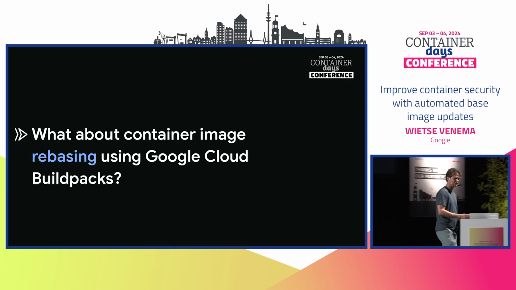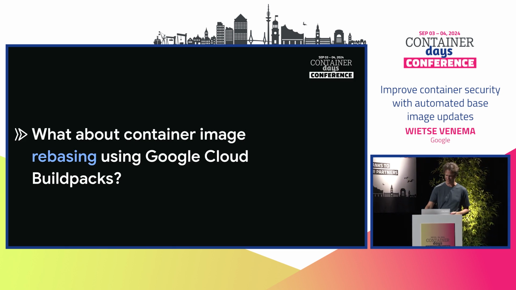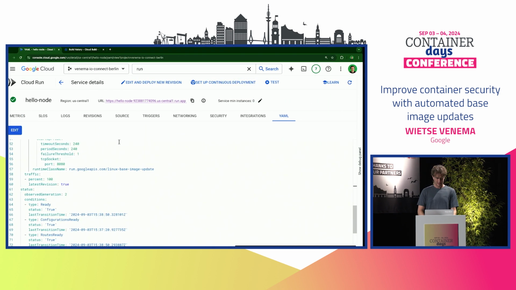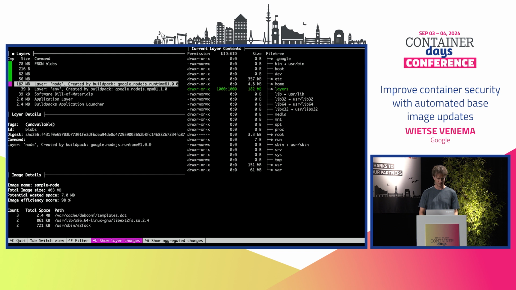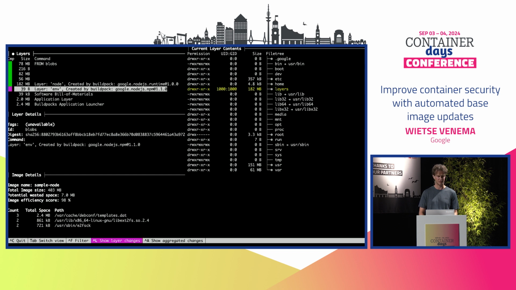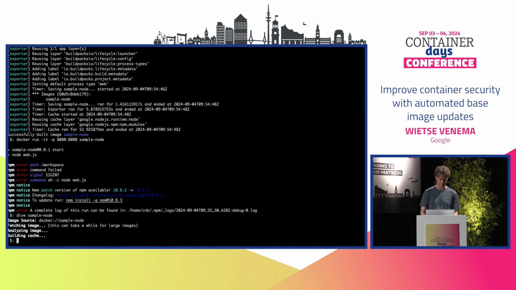But what about container image rebasing using Google Cloud Buildpacks? There we go. Oh yeah, there's this layer I was talking about, right? The layer directory corresponds to the layer in the base image.